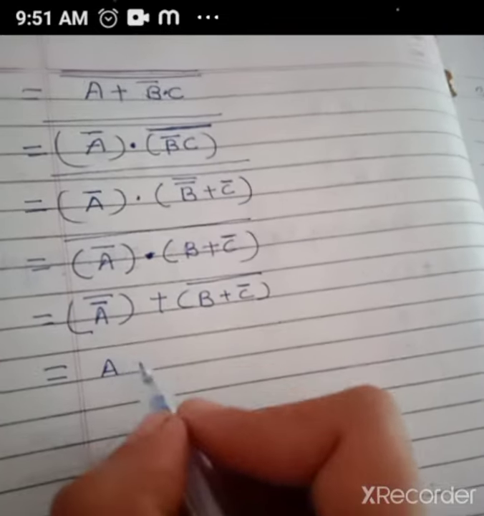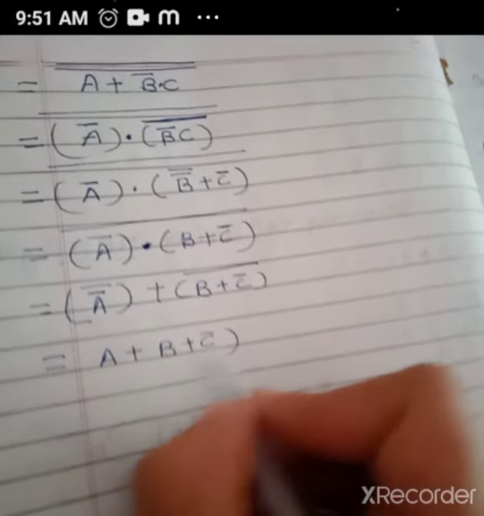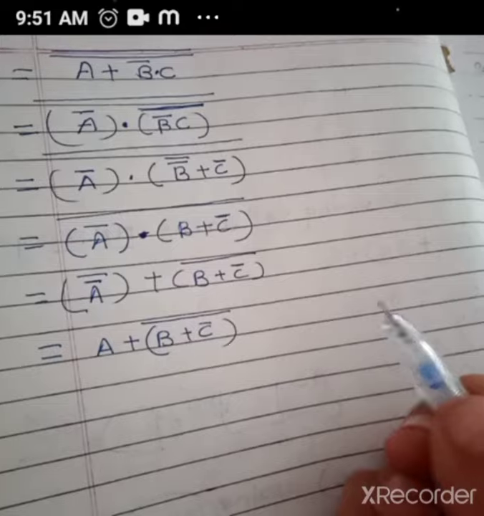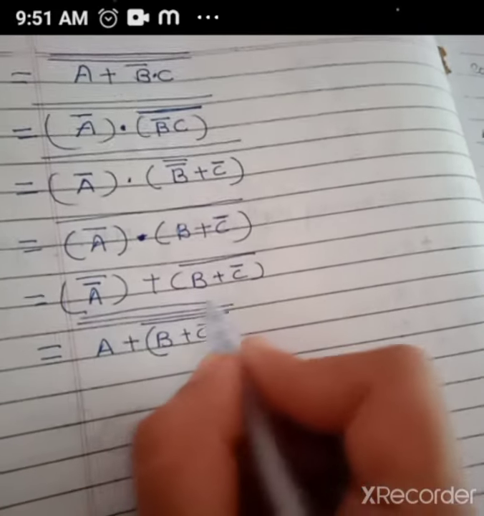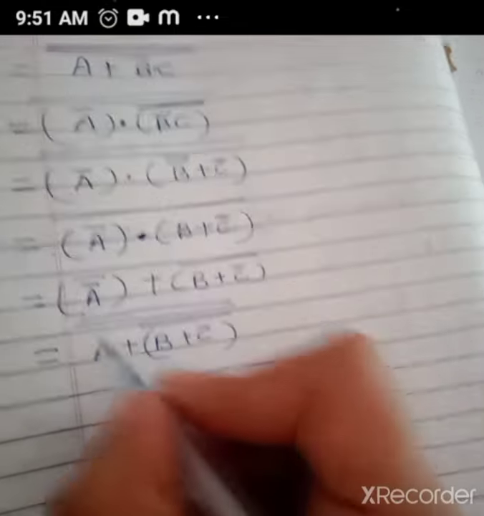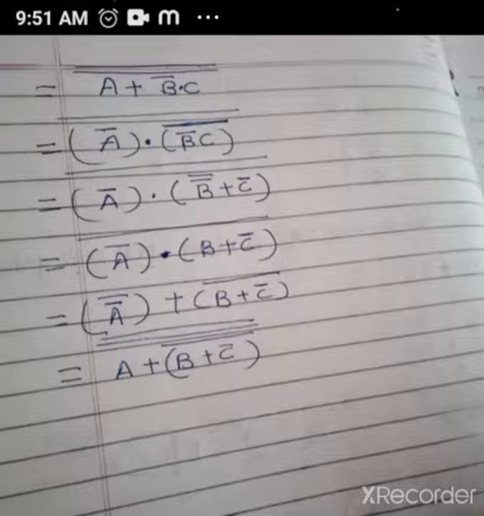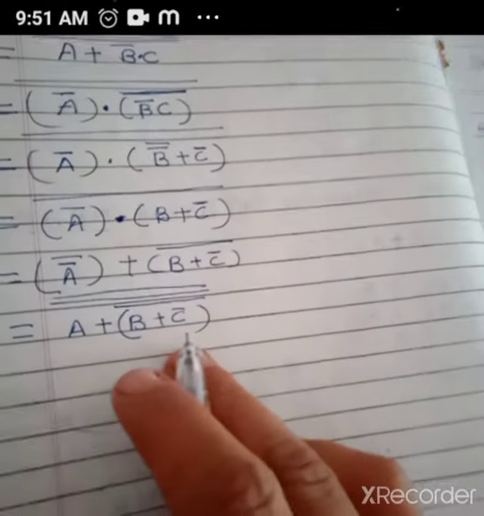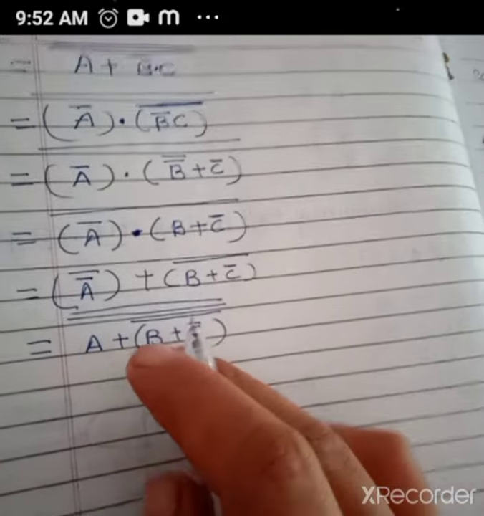So this double bar will get cancelled. Here put a double bar, that means you can eliminate this double bar by inversion law. Now the whole equation is in the form of NOR. Only plus and complements are there.